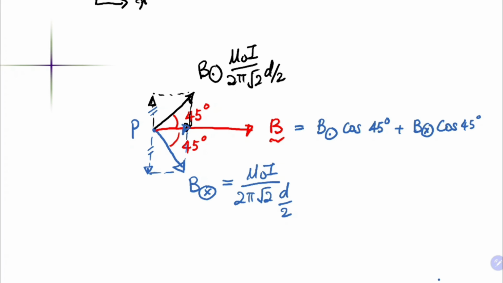And since they're both the same, it's twice mu naught I over 2 pi root 2 d over 2, times cos 45 degrees. Cos 45 is 1 over root 2.